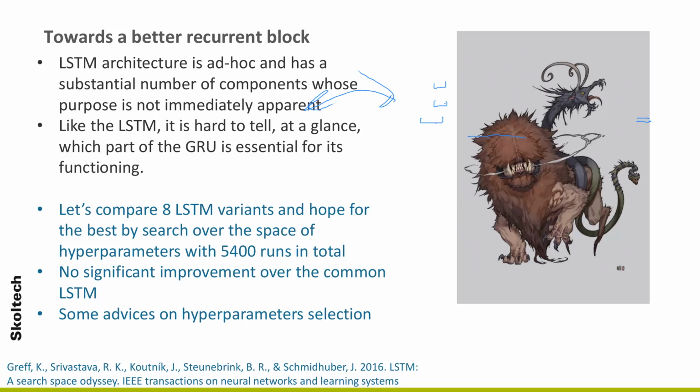Again, we're trying to improve LSTM. We use 8 LSTM variants, and we are trying to improve not the architecture, but the hyperparameter selection. And you can see that there is not much improvement compared to the initial variant, so LSTM is pretty much optimal.